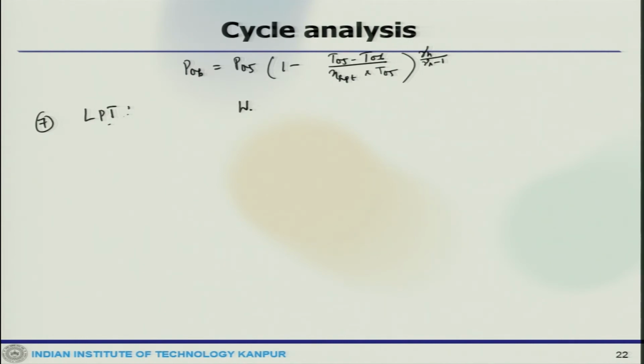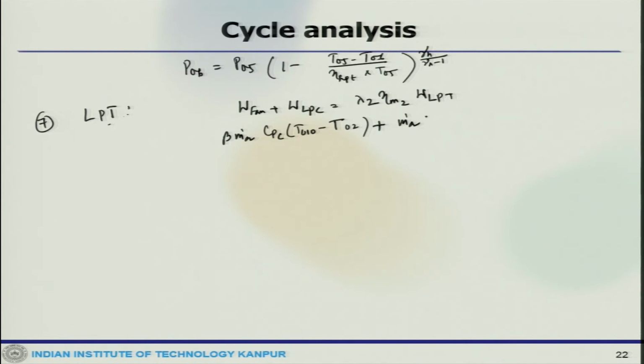So, we can write W fan plus W LPC is lambda 2 eta m2 W LPT, which allows us to write beta m dot a Cpc (T naught 10 minus T naught 2) plus m dot a Cpc (T naught 3 minus T naught 2) equals eta m2 m dot a (1 plus f) Cph (T naught 6 minus T naught 7).